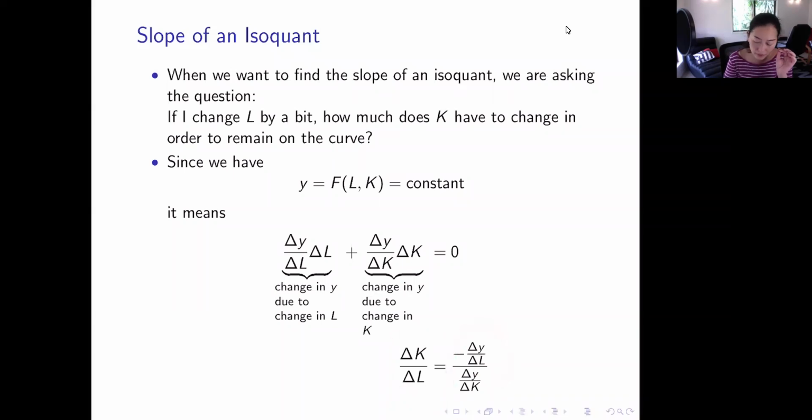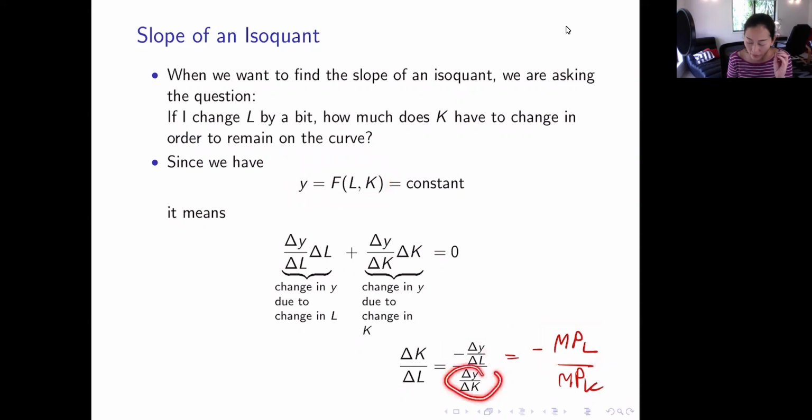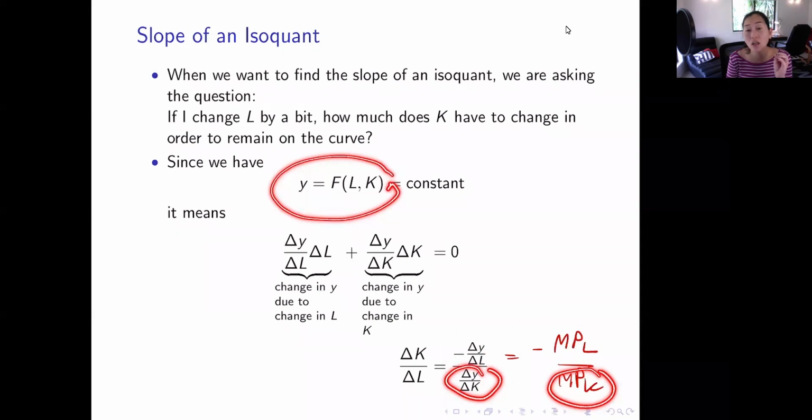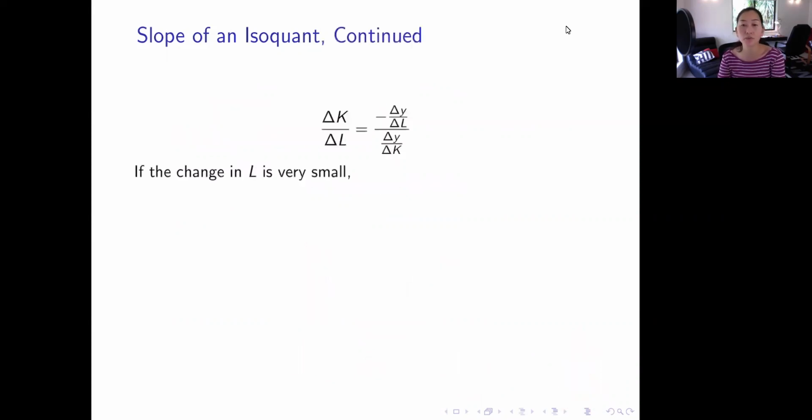So the slope is just equal to negative MPL over MPK, right? Or if you have a production function, the numerator is just the first order derivative of the production function with respect to L, or MPL. And the denominator is the first order derivative of this production function with respect to K, or MPK. And that is called MRTS, marginal rate of technical substitution, or the slope of the isoquant.